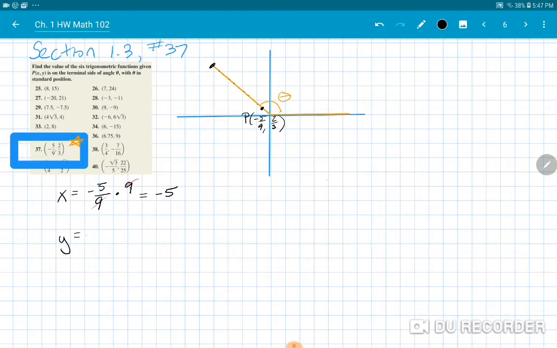And for my y, I have 2/3, and again, I need to multiply by the same number for both x and y because I want to use similar triangles, so it's still proportional.